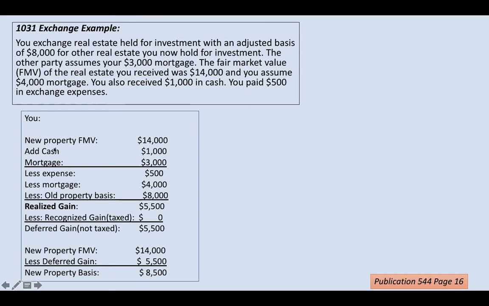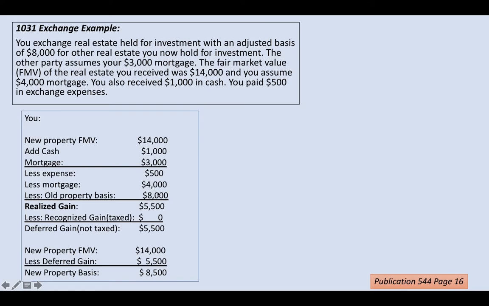You receive the new property's value, $14,000, receive $1,000 cash, and your mortgage was assumed by the other party, $3,000. So this is the amount you received. Then what you are out of pocket is the $500 expense, then you assume the other party's mortgage of $4,000.